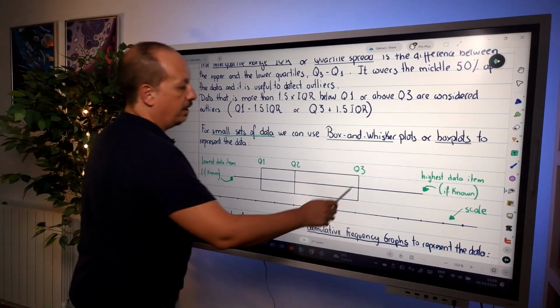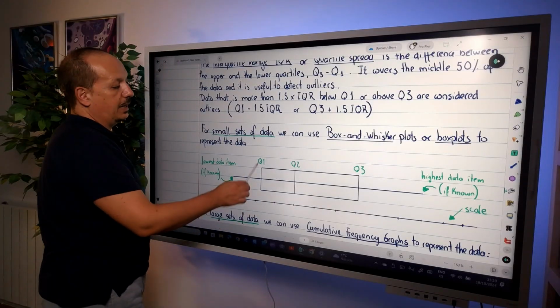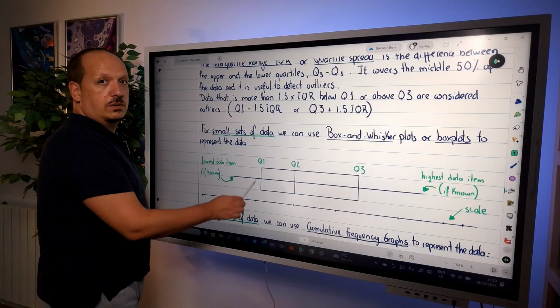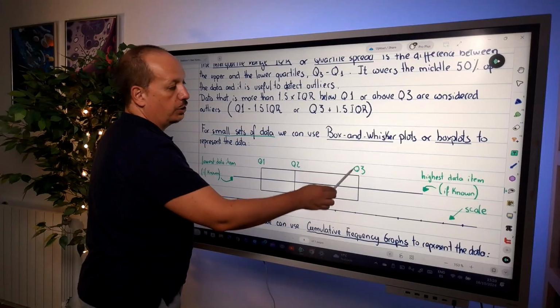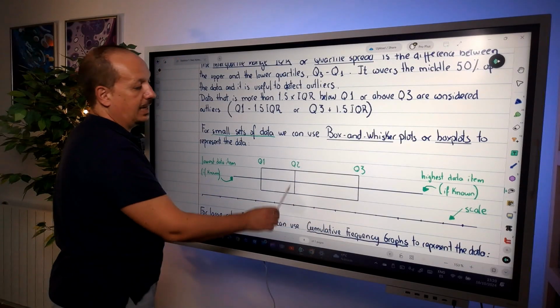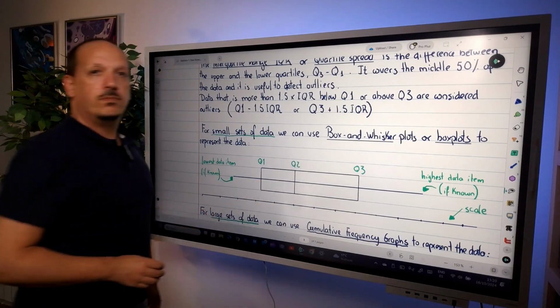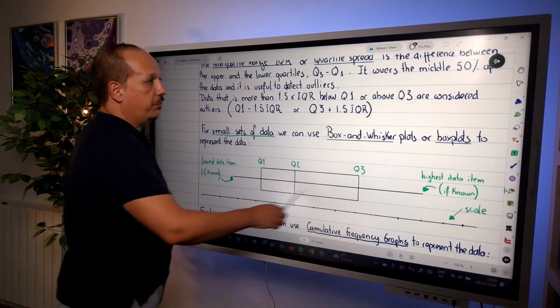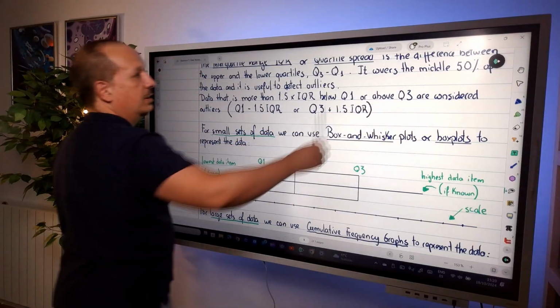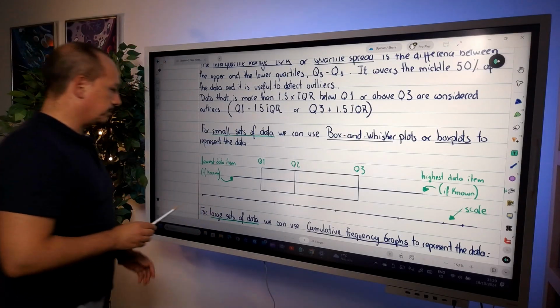And then you have the actual box that is limited by the Q1, the first quartile, and the third quartile, that's going to be the other limit of the box, and you have a line in the middle that corresponds to the median, the Q2. All right, so you'll have 50% of the information contained within this box.